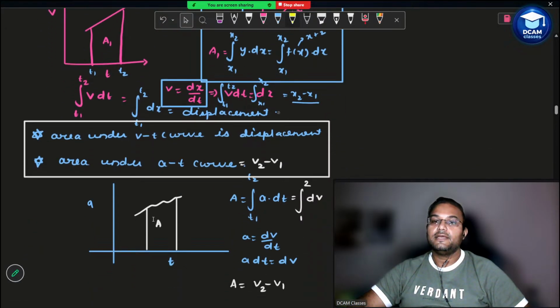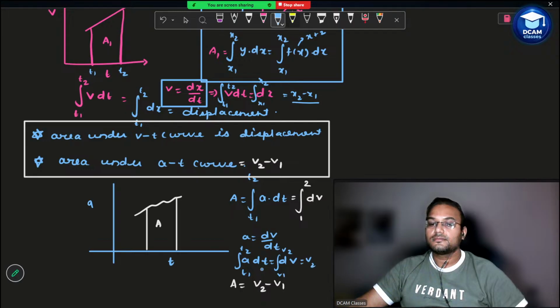And similarly, if you go for the area under the a-t curve, it will be the integral from t1 to t2 of a dt, but a is equal to dv by dt. So a dt would be dv. The integral of a dt would be the change in velocity. Okay, so I get it now.